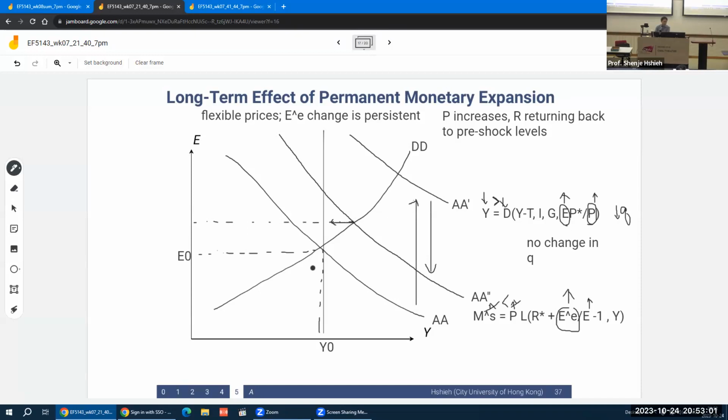Okay, so the question is, how much should it shift? And I want to convince you that it's going to shift all the way to this point here, in which output is 0. So the mechanism that's in place.